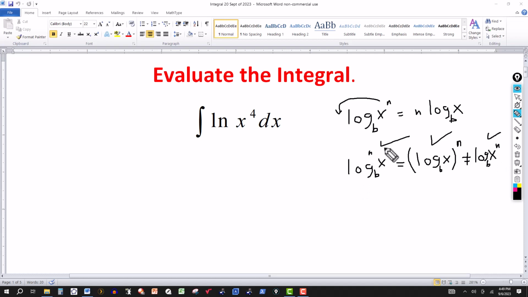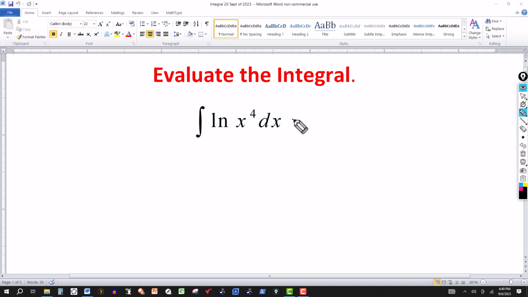This here means you take the log of some number x to a base, and then you take that to the nth power. The same thing with this. You take the log of x to base b, and then you take that to the nth power. Now in this case, you're taking the nth power of x, and then whatever you get, you take the log of that to base b.